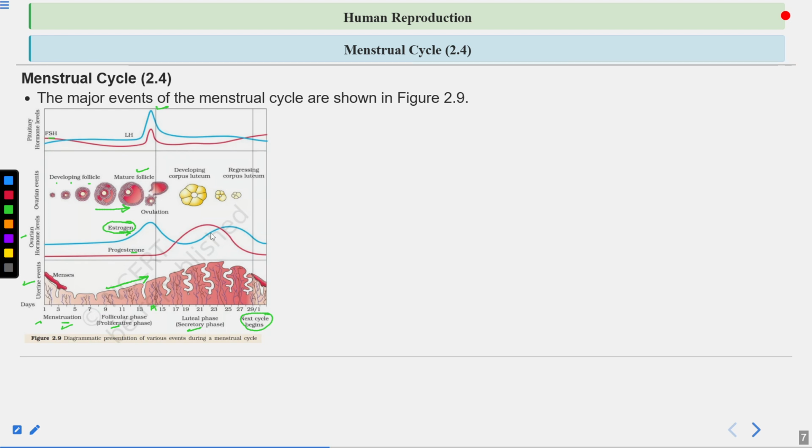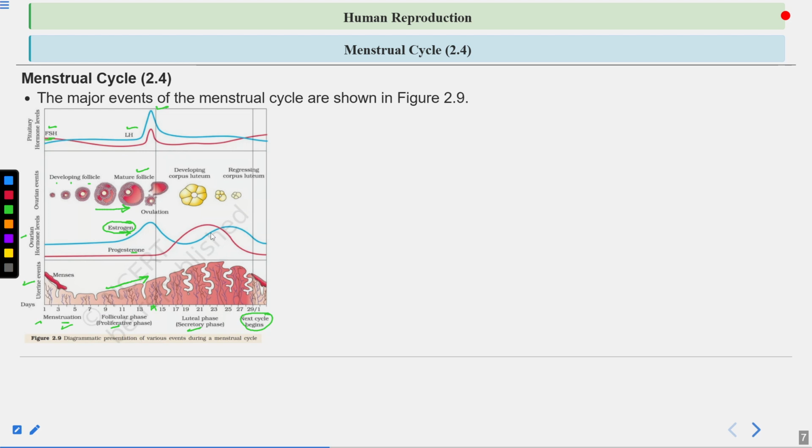So there is a negative feedback loop and a positive feedback loop. What happens in the negative feedback loop? When the estrogen level is low, it will suppress the release and synthesis of FSH and LH. But after some time, when the estrogen level is high, there is a shift. Now estrogen will promote FSH and LH.